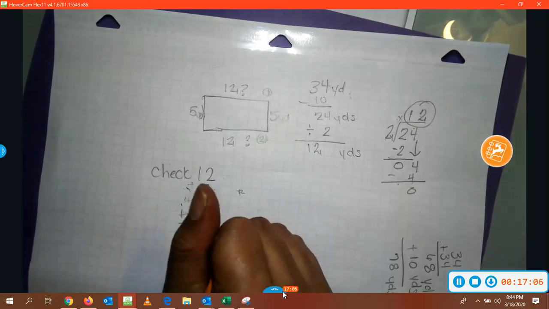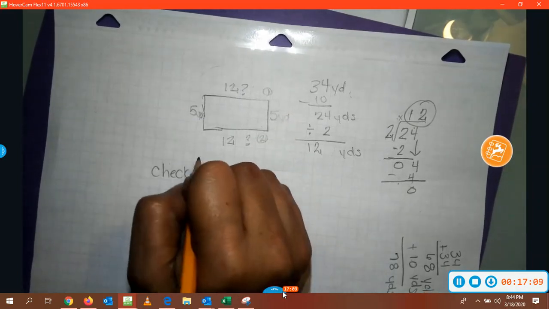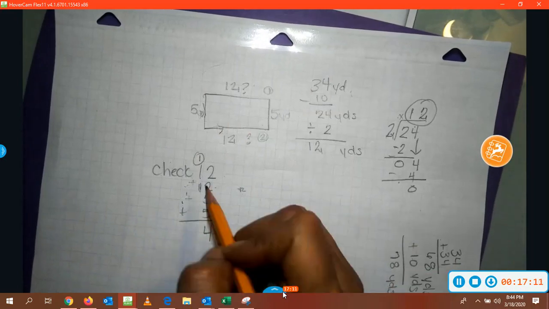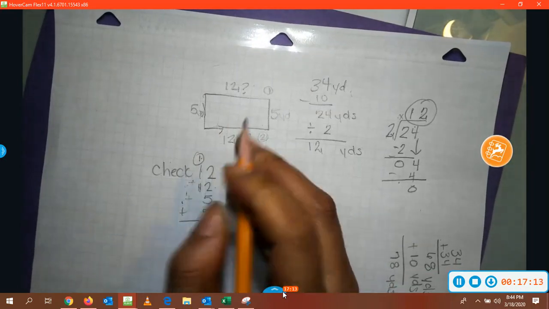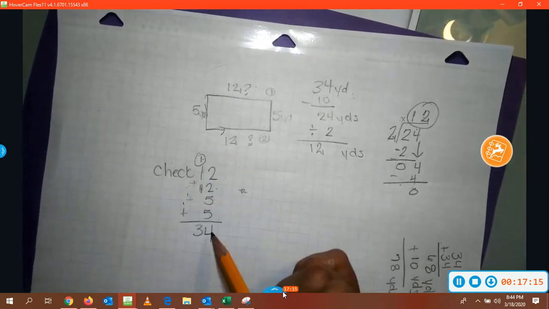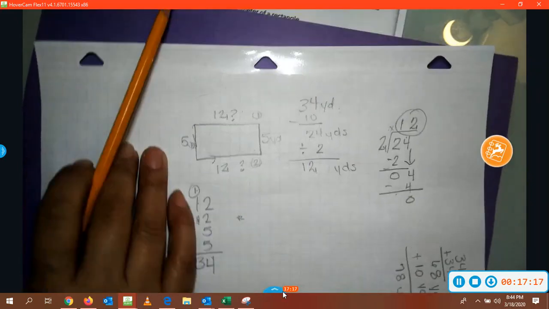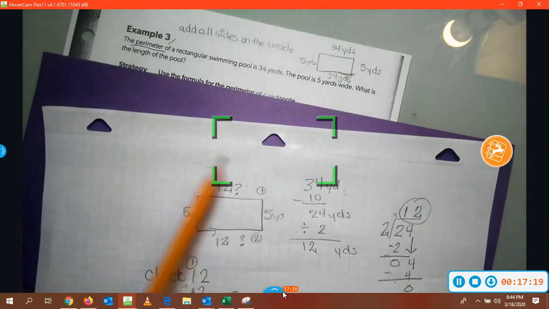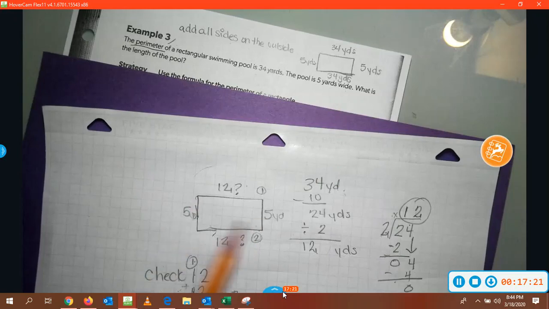Write down our 4 and carry our 1. 1, 2, 3. Bring the 3 down. So the swimming pool has a perimeter of 34, and that's exactly what we got. So that's another way of how to do it.